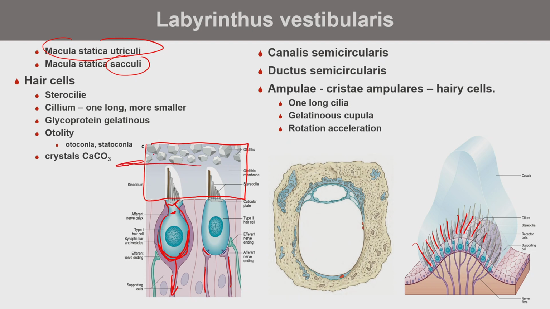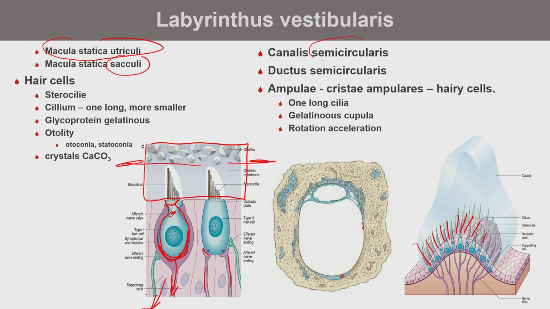According to the different motions, the changing of position, this linear acceleration creates potential, and then the potential is conducted by the neurons which are connected to those sensitive cells.